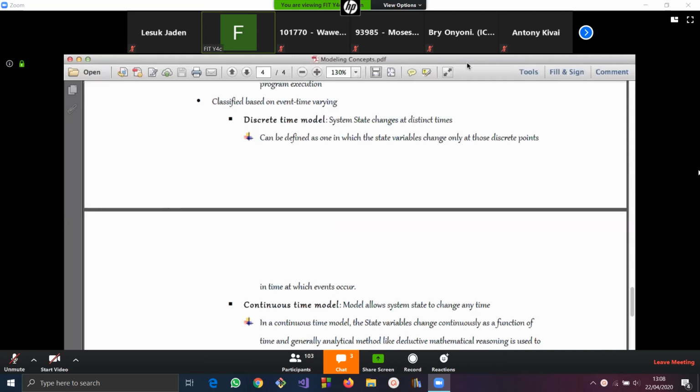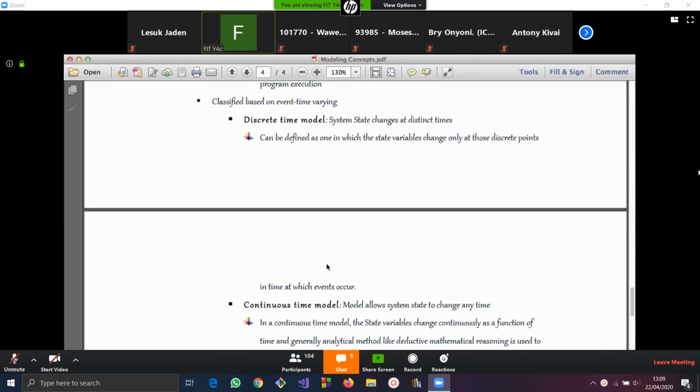It's like saying the state at T naught is more or less equal to T1, or you can say T2 is equal to T naught. In that particular case, the change is not dependent on distinct time. It is dependent on something else.